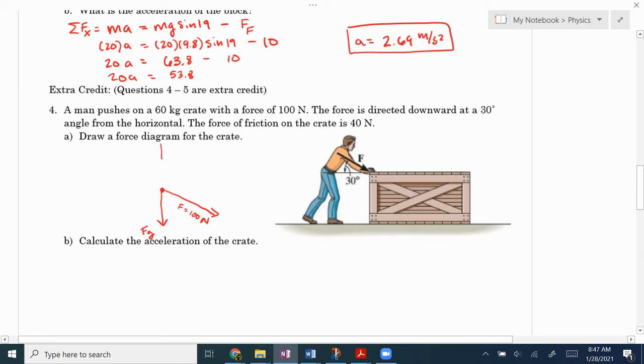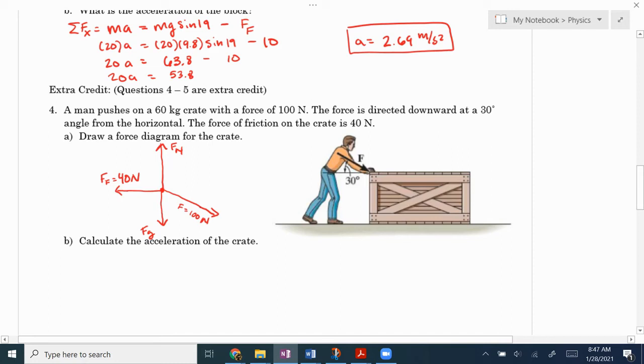We have our normal force, which has got to be extra big because the person's pushing down on it. And there's a force of friction, which is 40 newtons. Okay, nothing extra complicated about this. It's just extra practice here if you need it.